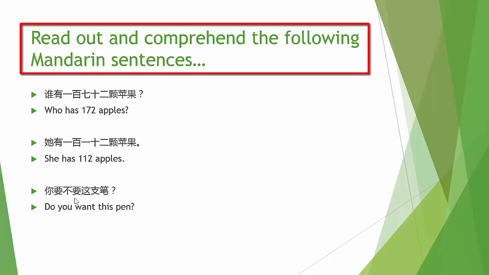And when you say this pen, you will need to link the this or that and the object with a quantifier. So in this case, you need to say 这支笔 for the phrase this pen. The other way to ask, do you want this pen, is 你要这支笔吗?